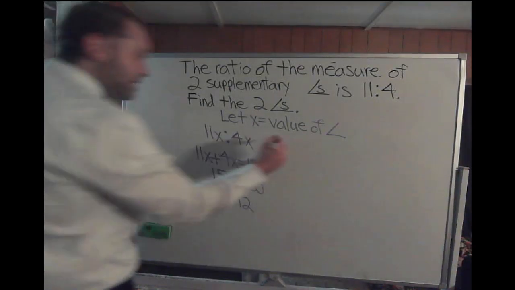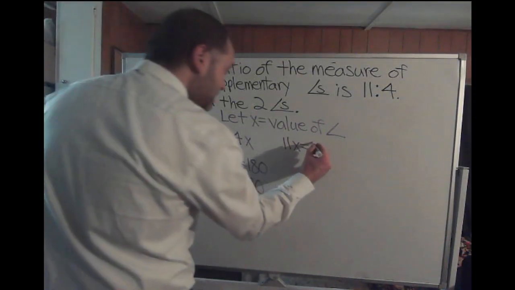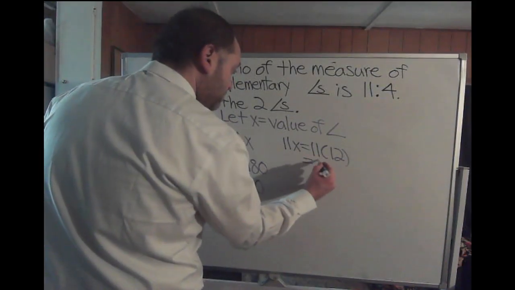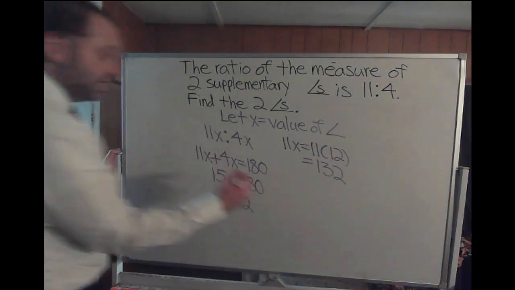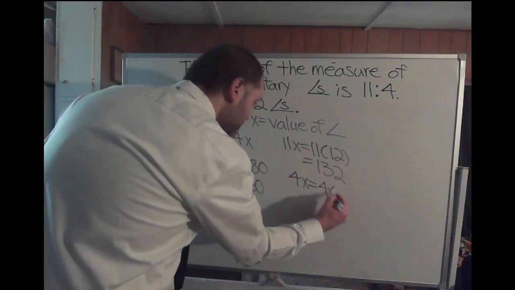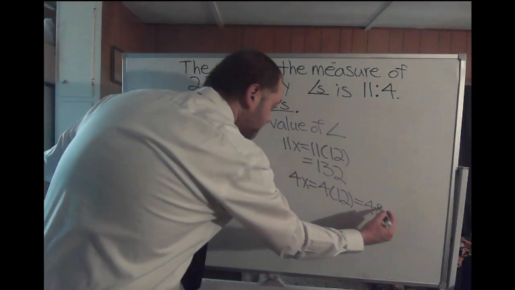So you're going to take 11x, which equals 11 times 12, which we know to be 132. And then you'll take 4x, which equals 4 times 12, which equals 48.